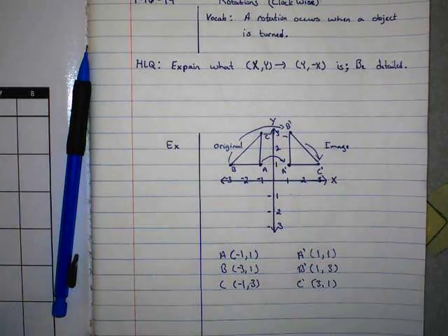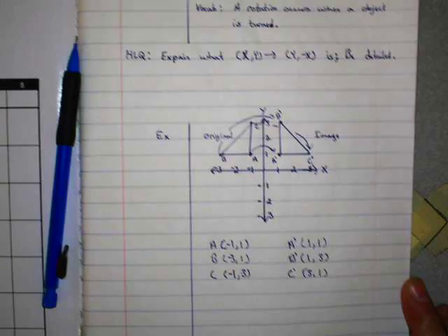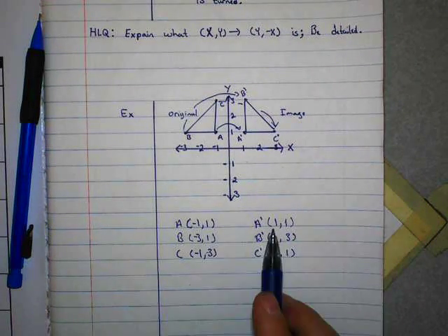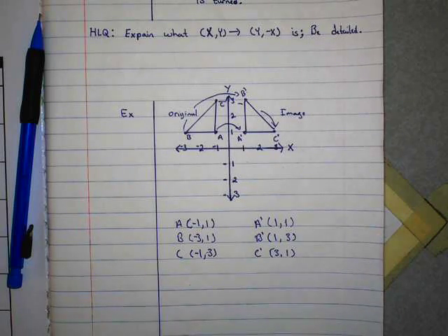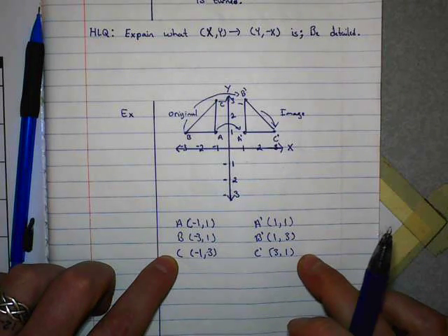So, we're looking at these points to try to figure out what exactly happened. Let me slide this up a little bit more. Well, from A to A prime doesn't really help us because we're just looking at a bunch of ones. But we can kind of see a pattern between B and B prime and C and C prime.